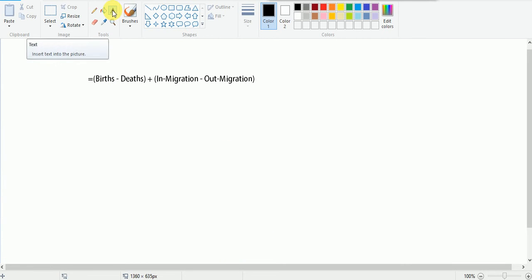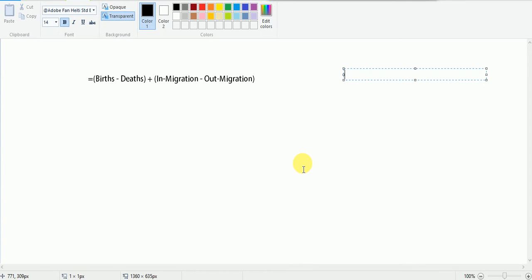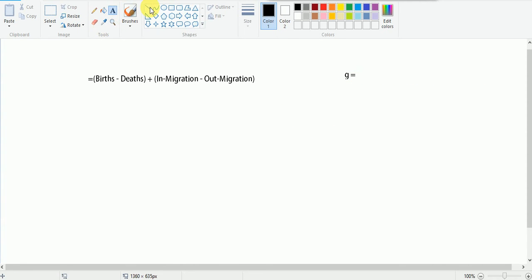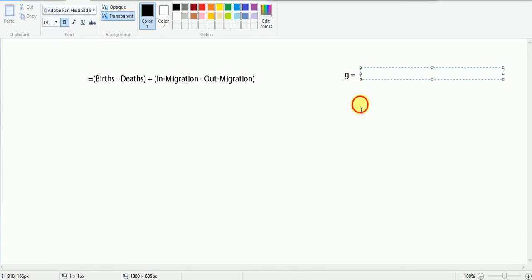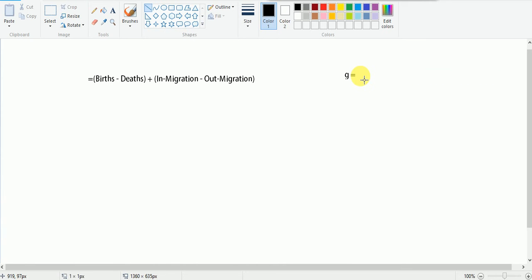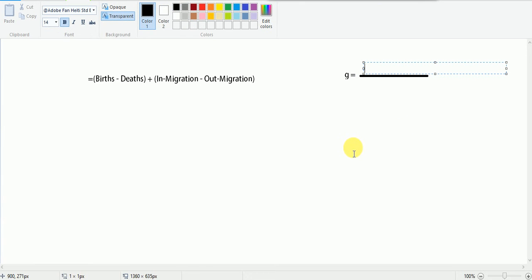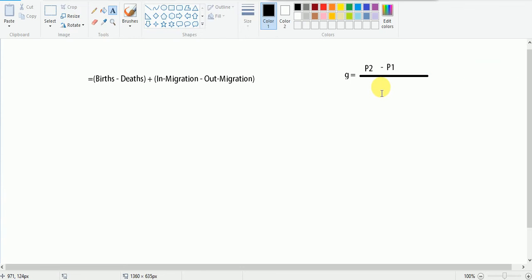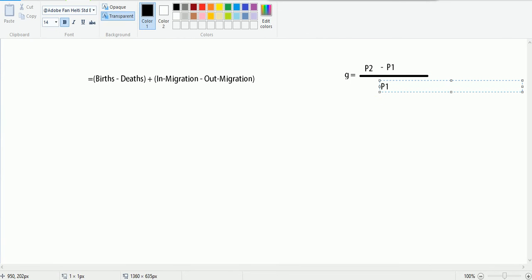In that book, growth G is equal to P2 minus P1 divided by P1 and multiplied by 100. So this is the formula given in the book.